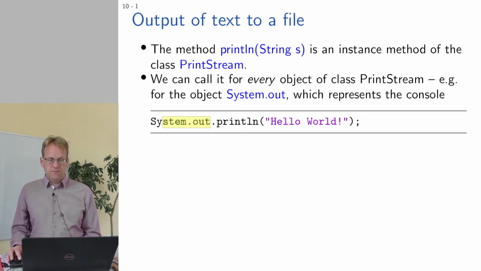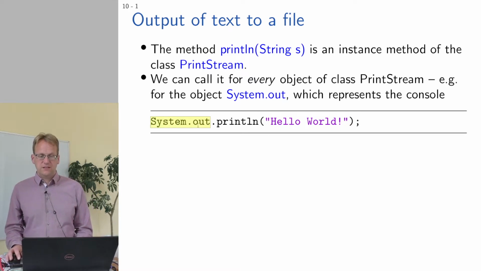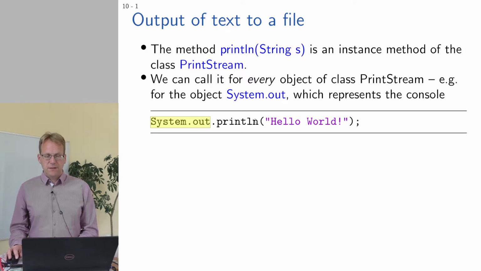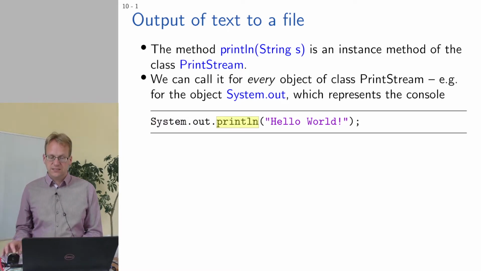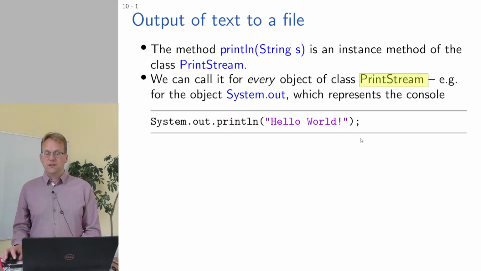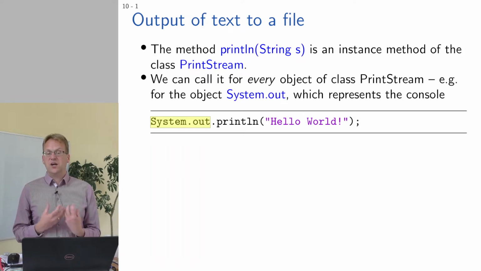And if we look carefully in the Java documentation, then we see that this method println is an instance method defined in the class PrintStream. So we can call this method for any object of type PrintStream. And well, System.out is such an object. It is an object of type PrintStream, which is representing the output to the console.